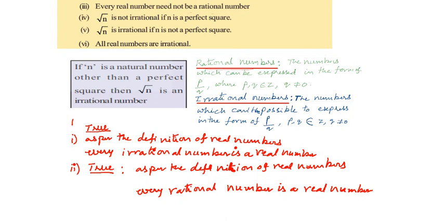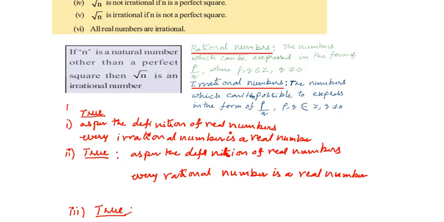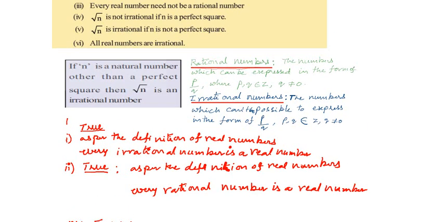Yes, it's true. Why? Because there are some irrationals also there in real numbers. So you write the same thing. That is also a true statement. So here you write true. Every real number need not be a rational number.